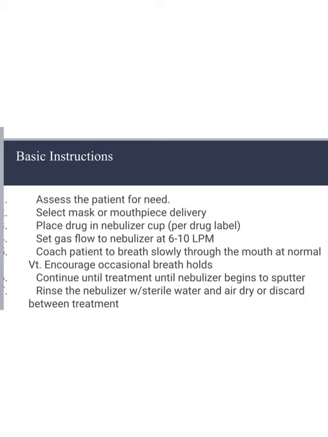And say you go to the floor because the nurse is saying they feel like they're wheezy and short of breath, so you'll first assess the patient. So this would be your pre-treatment assessment. And then you select from that point, if they haven't had one before, whether they're able to use a mouthpiece or if they should use a mask.